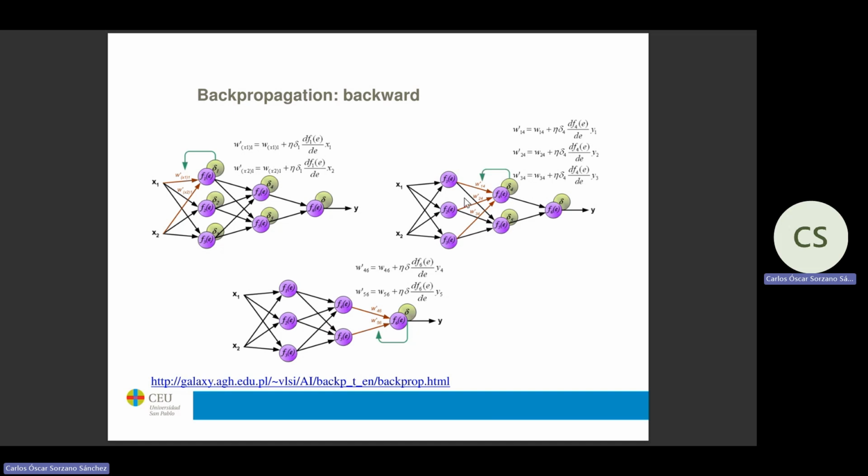So let's say that I want to update each one of these weights. These weights are affected by this delta 4 and the derivative of f4 at that point times the input. The input here was y1, y2, y3, so you have to update it.